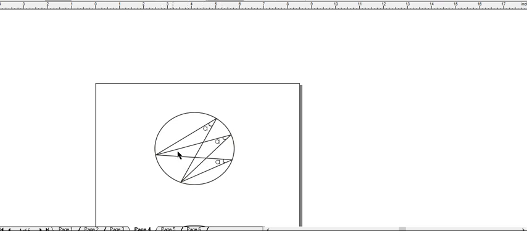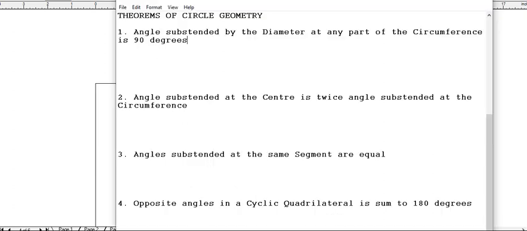So A is equal to A, and A is equal to another A. All those 3 angles are equal because they were subtended at the same segment in the same circle. So whenever you have angles like this in the same segment, they are equal. So that is our theorem 3.